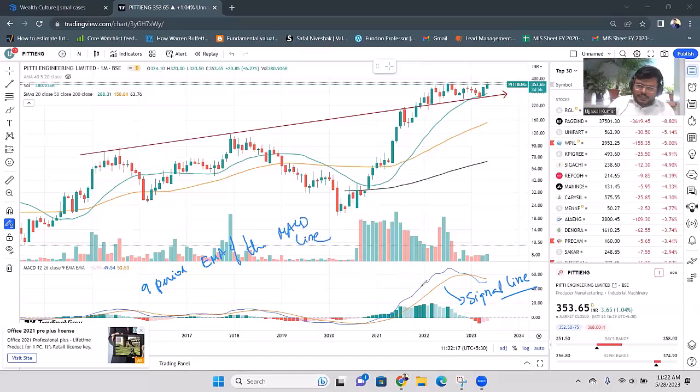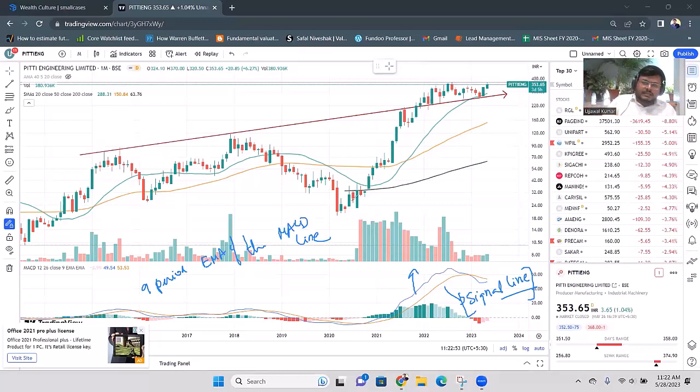So your blue line is the moving average convergence divergence line, and this signal line is the 9-period EMA of it. So we started with moving averages, the difference of these two moving averages is the convergence divergence line, and the 9-period, 9 month, 9 weeks, 9 days EMA of the MACD line is your signal line.